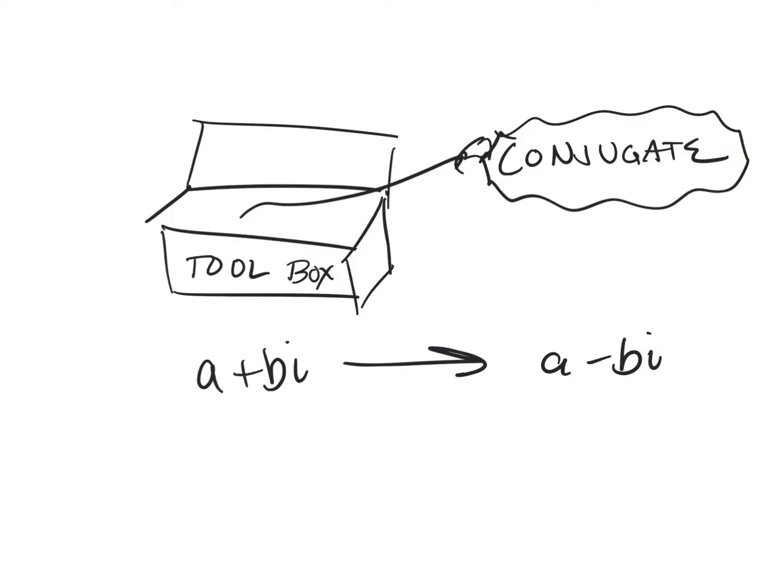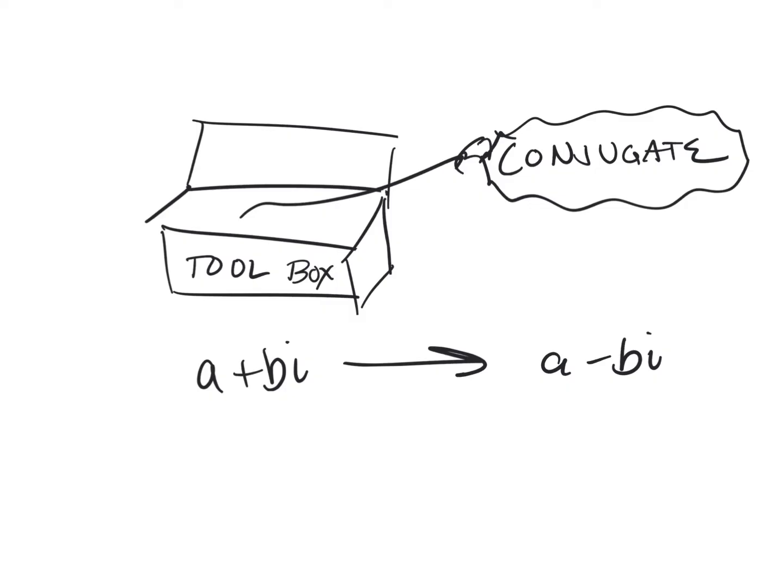So if this was written in the wrong order, and the i came first, then you have to change the first thing instead of the second thing. You have to make sure it's written in the right order before you take the conjugate. But the big thing is you're changing the imaginary part, keeping the same sign of the real part. Okay. And this is the complex conjugate.